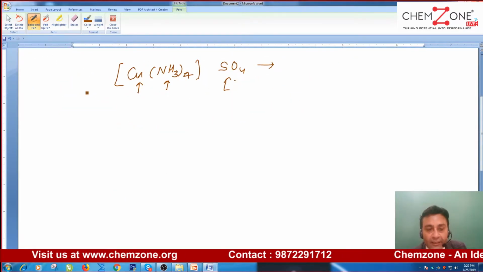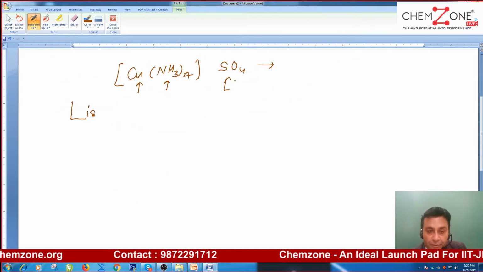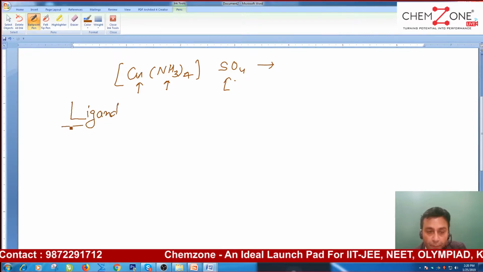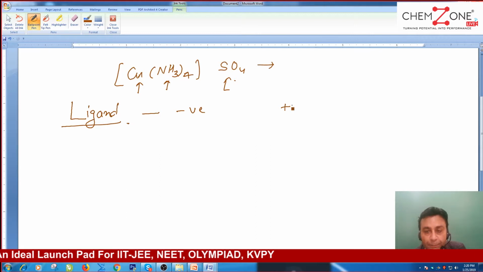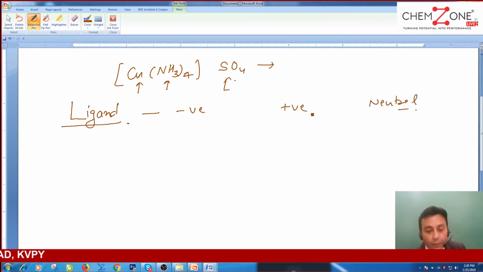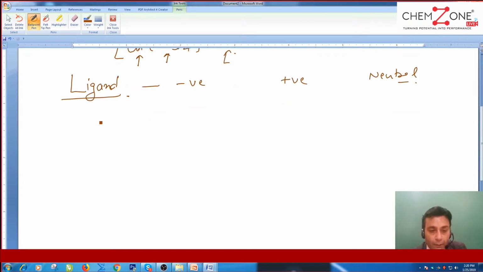This ligand can be either negatively charged, positively charged, or neutral. It just needs to have a coordinate bond.